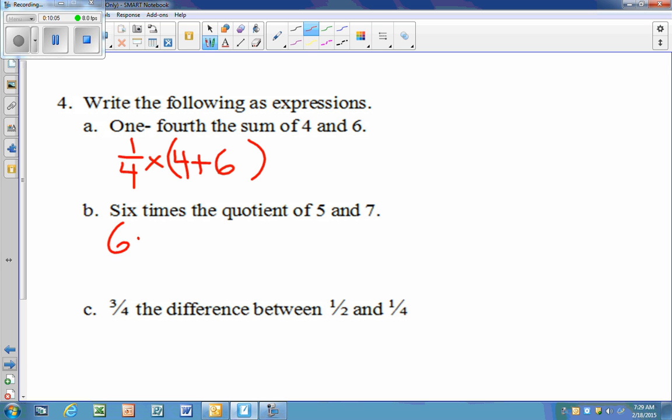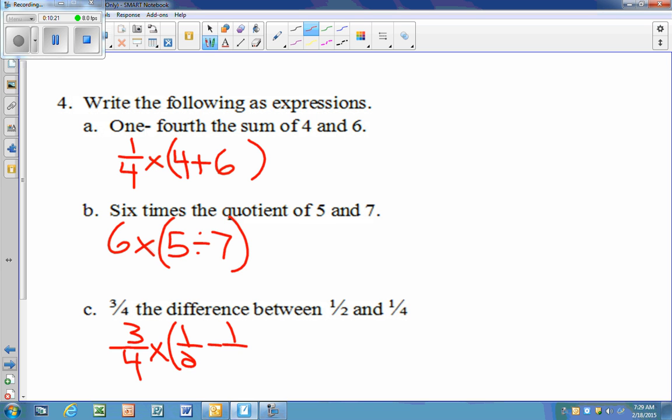So 6 times the quotient tells me to divide 5 divided by 7. And the last one in this section is 3/4, the difference. So the difference tells me to subtract 1/2 minus 1/4. And that's how I write the expressions from words.